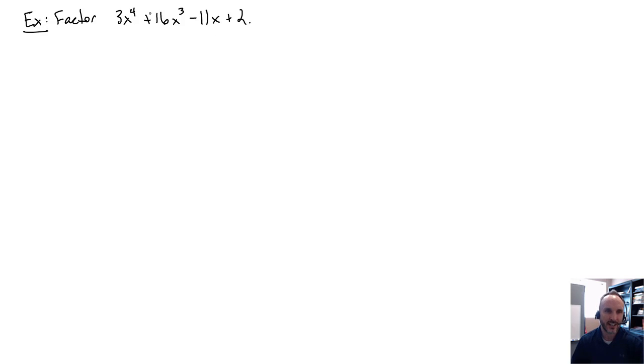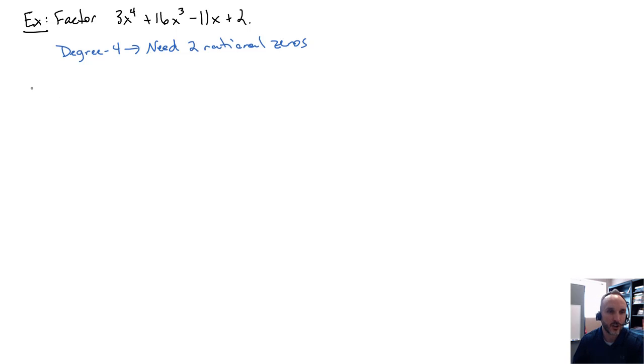Grouping won't work again, so let's look at the degree, which is degree 4. If I want to reduce it to a degree 2, which is always our goal, because degree 2 allows us to use quadratic techniques, this is degree 4, so I need 2 rational zeros. So now when we're testing from our list, I need 2 numbers from the list to work.